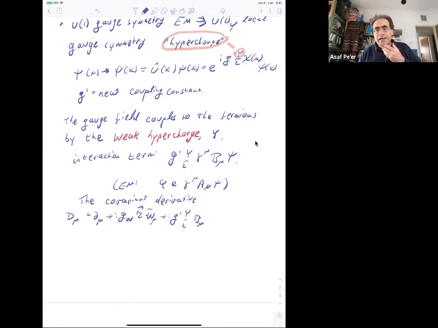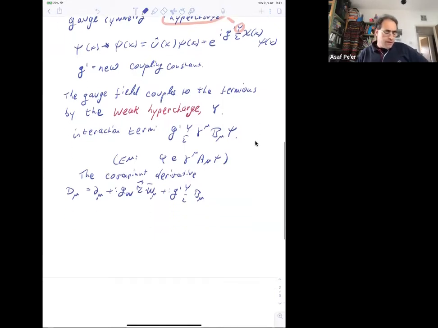And then we said that we can think of the photon and the Z boson as a linear combination of this new gauge boson B mu and the W mu 3, which we got from the structure of the weak interaction.